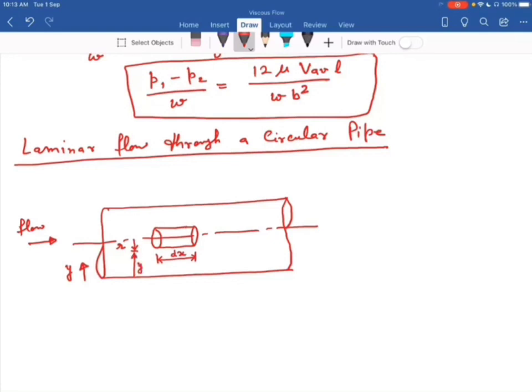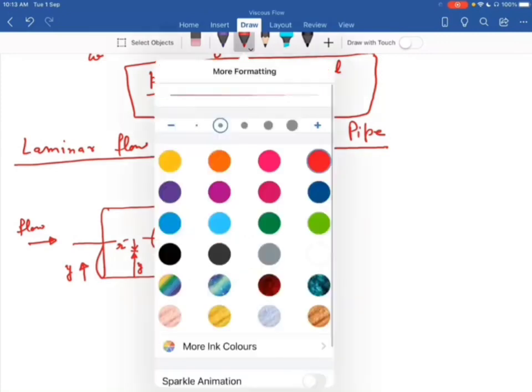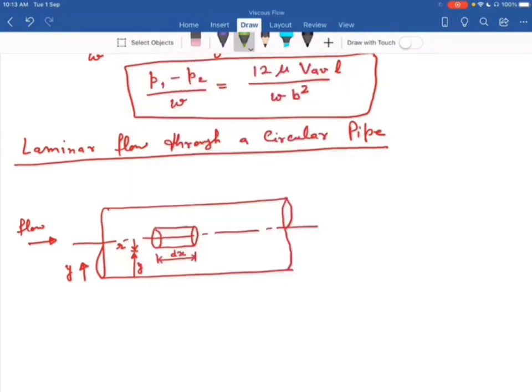Then the pressure intensities. So we write the forces on this element. For forces we consider the pressure force and the resistance force only. For pressure force you have to see the pressure intensities.